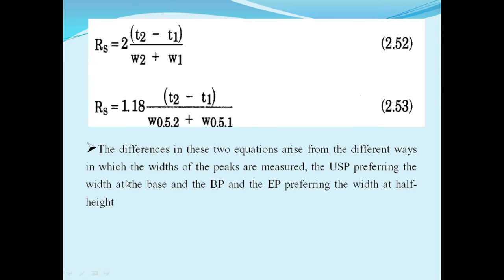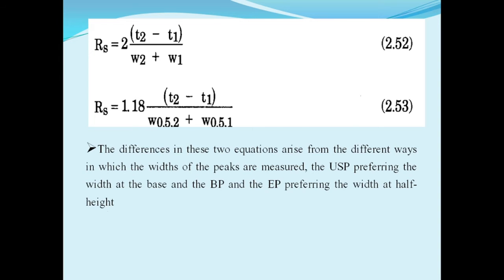The differences in these two equations arise from the different ways in which the width of the peaks is measured. The United States Pharmacopoeia, that is USP, prefers the width at the base, and the British Pharmacopoeia, that is BP, and the European Pharmacopoeia, that is EP, prefer the width at half height.